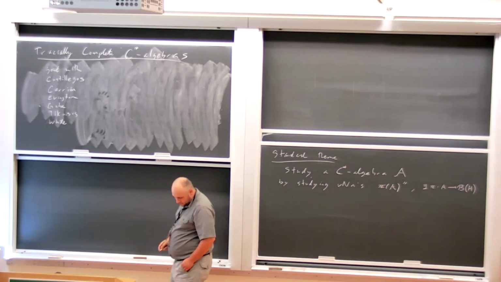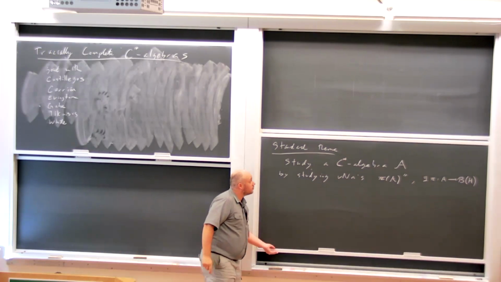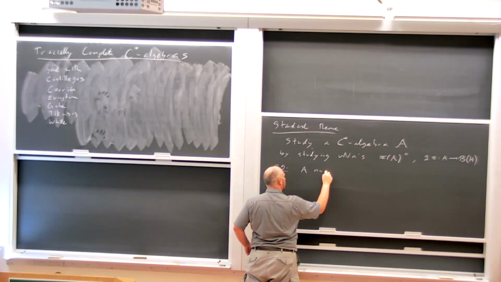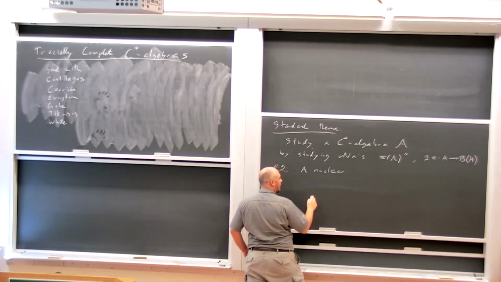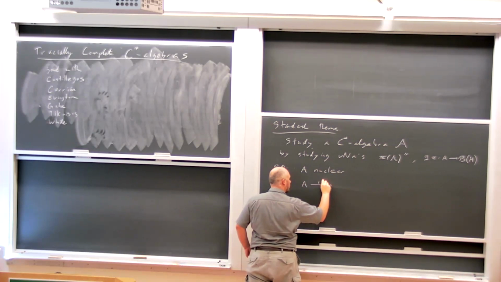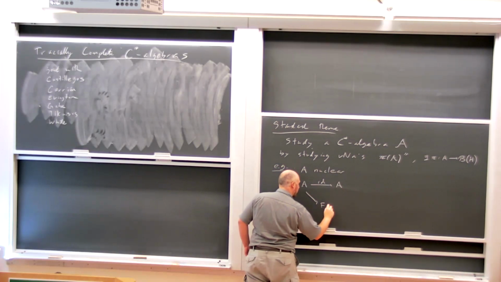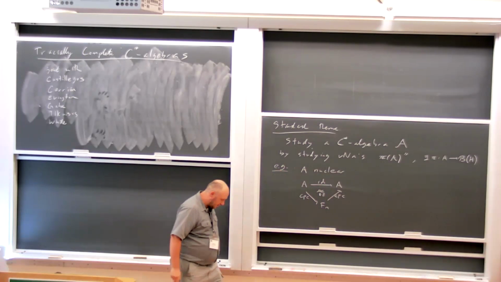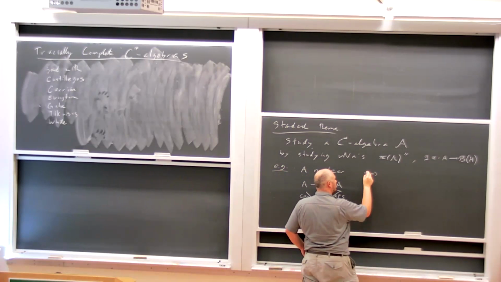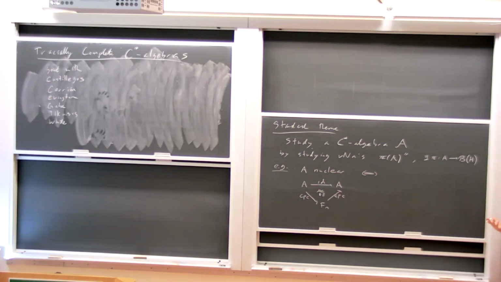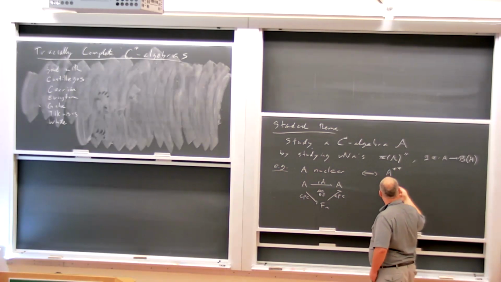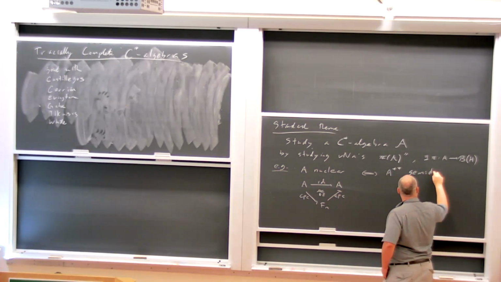And one of the most famous results along these lines: A is nuclear, so it has this CP factorization through finite dimensional things, approximately computing pointwise in the norm topology, if and only if the von Neumann algebra generated by the universal representation, which is the bidual, is, let's say, semi-discrete or injective, hyperfinite.